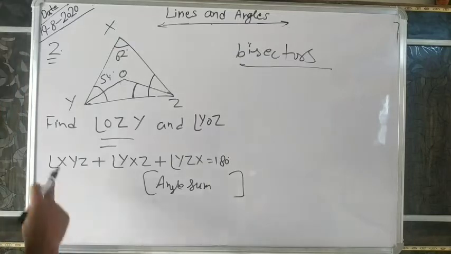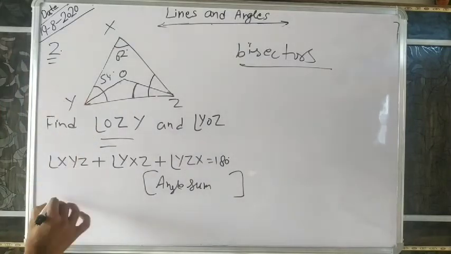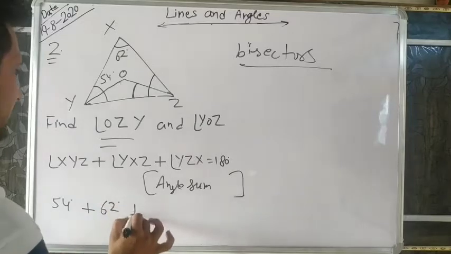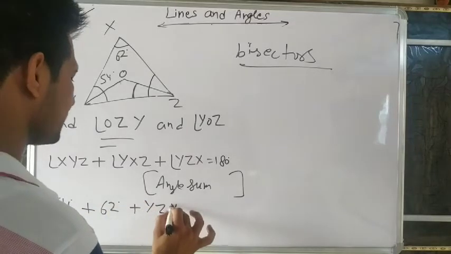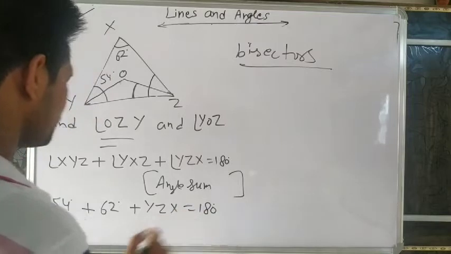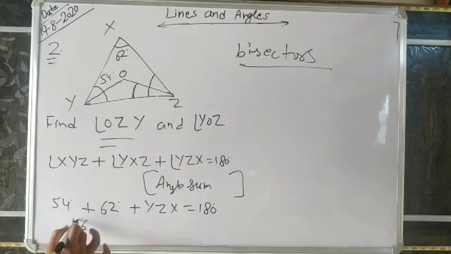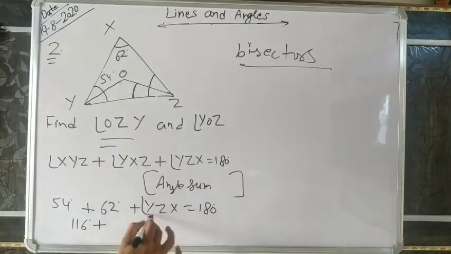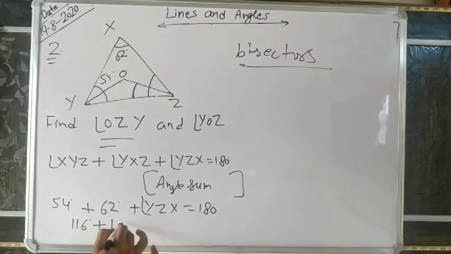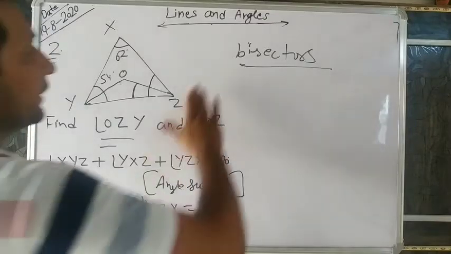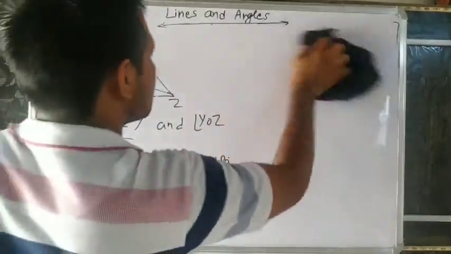Next, XYZ is already given: 54 degrees plus angle X is 62 plus angle YZX is 180 degrees. Add these two: 4 plus 2 is 6. For this angle, use the angle sum property, 180 degrees.